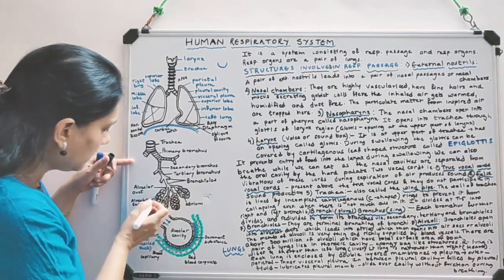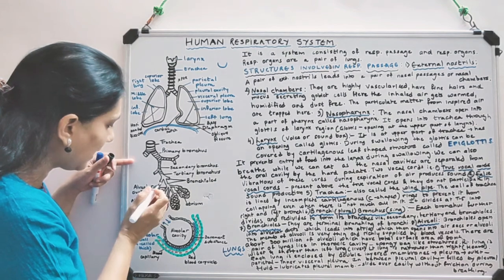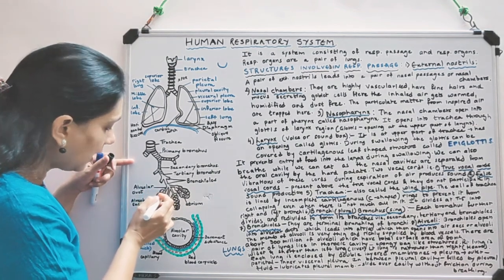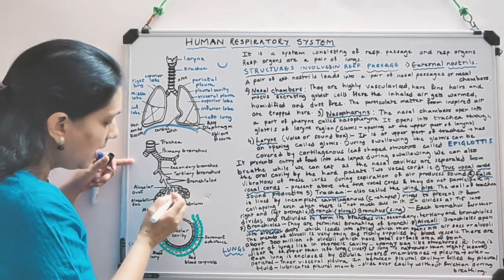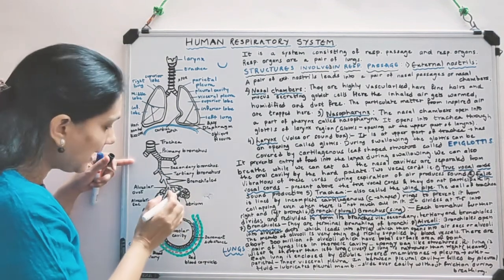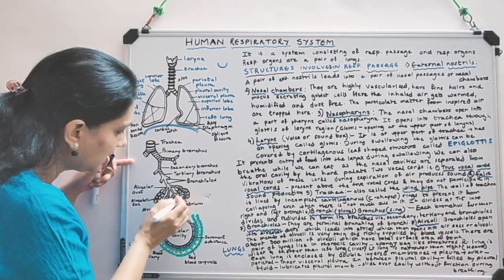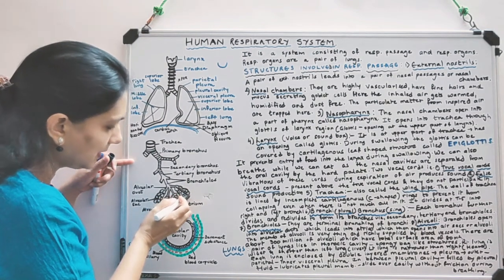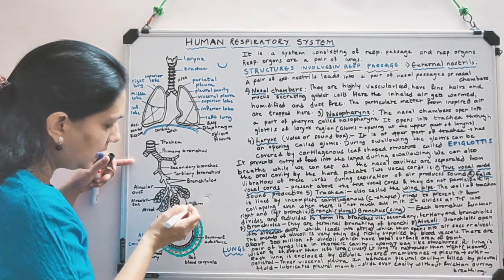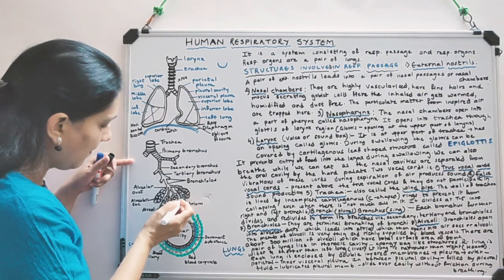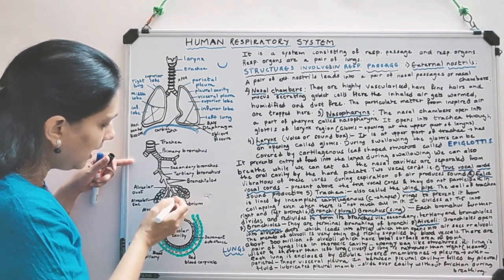The whole rounded thing is the alveolar sac. This is the alveolar duct. So this is the outside view. Inside, when it is sectioned, you can see this leads, there is another connection like this, and then there are air sacs attached. So this part is called atrium, and these air sacs are the alveoli.